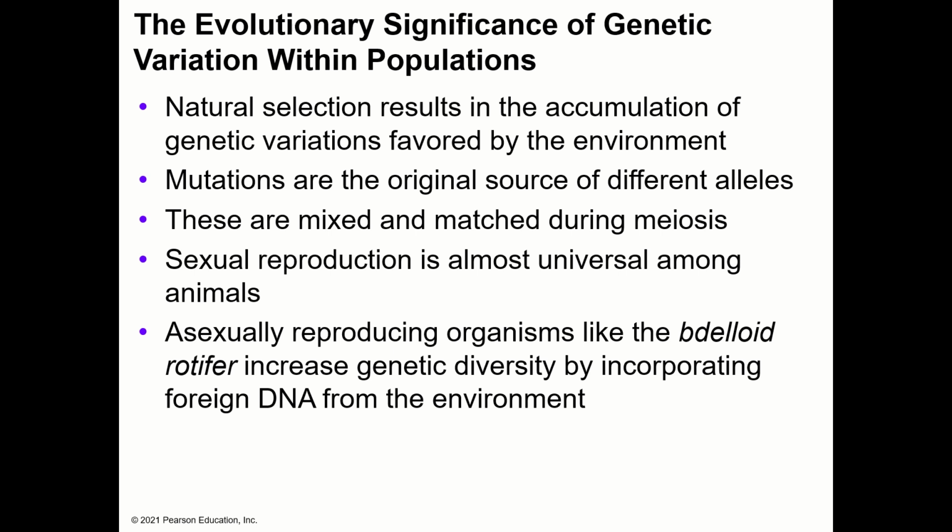Asexually reproducing organisms like the Bdelloid rotifer increase genetic diversity by incorporating foreign DNA from the environment. And bacteria are also able to often share DNA between neighboring bacteria as well, because they don't have their DNA protected in a nucleus.